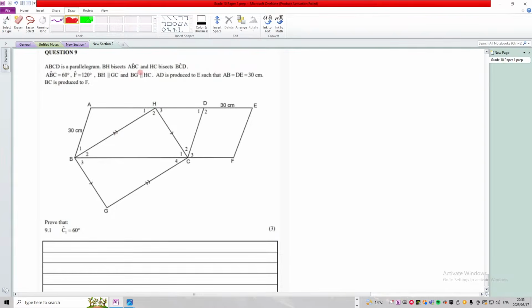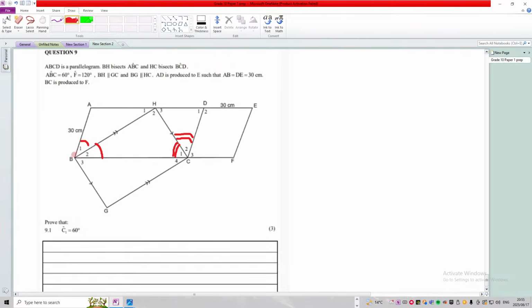BH bisects ABC, so B1 is equal to B2. And HC bisects BCD, which means this angle is equal to that angle over there. ABC is 60 degrees. Where is ABC?